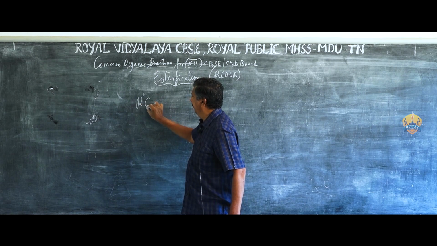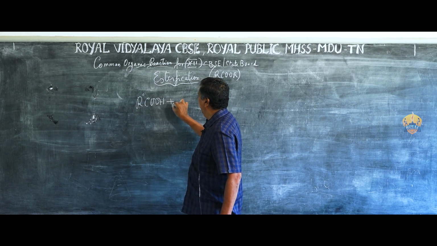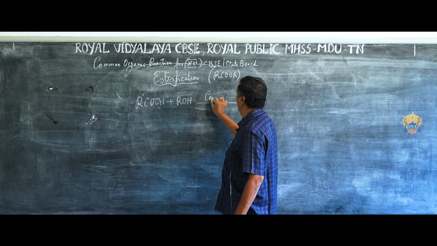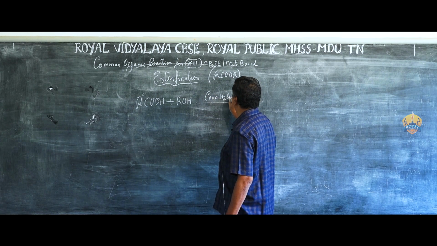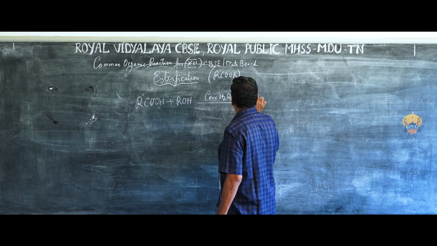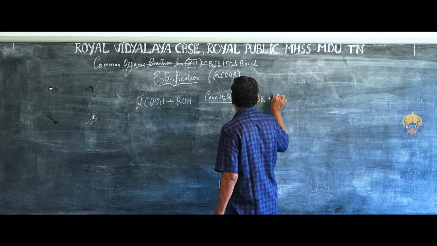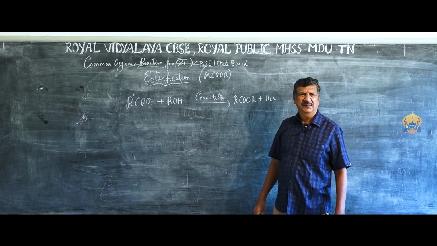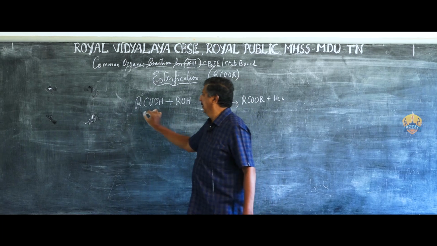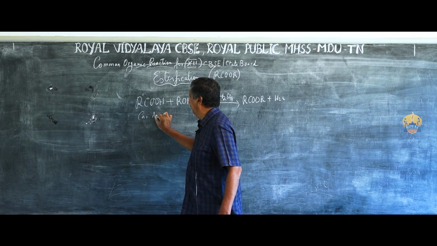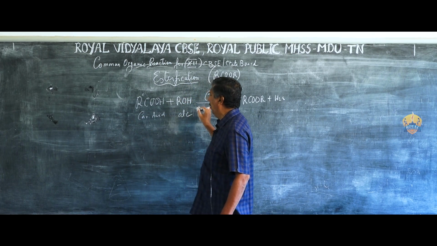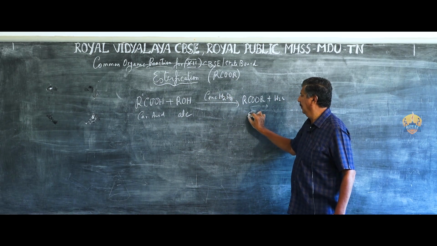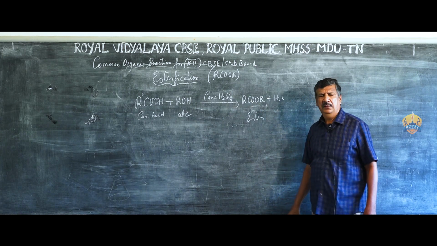An acid, when combined with alcohol in the presence of concentrated sulfuric acid, gives an ester. That's all. Very, very simple. Don't go for the double bond and all. How to learn? Carboxylic acid combines with alcohol to give an ester. This is the ester, that's all.